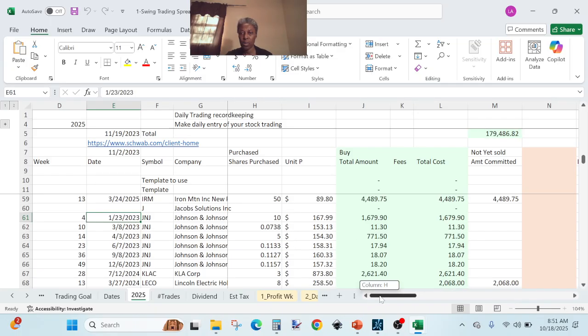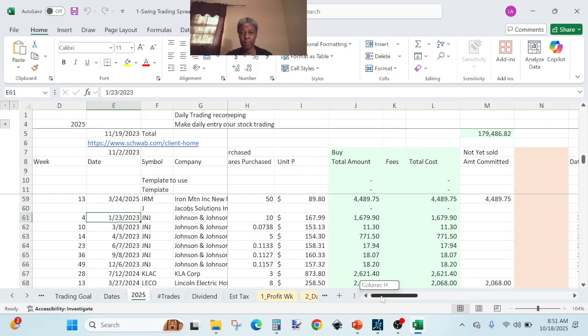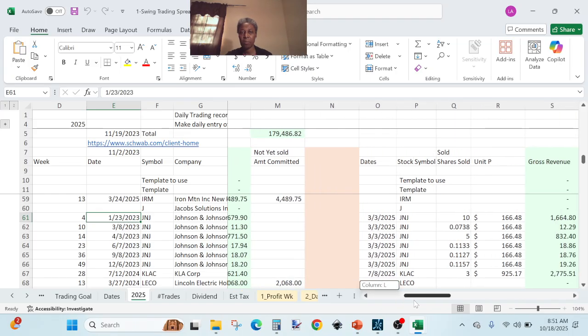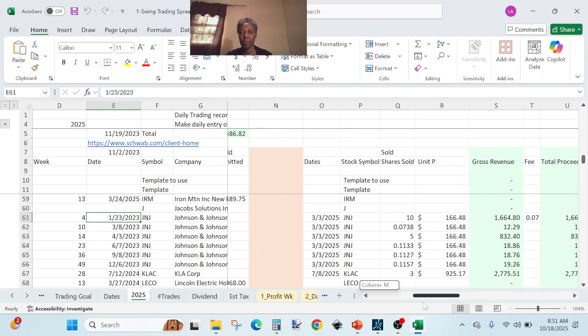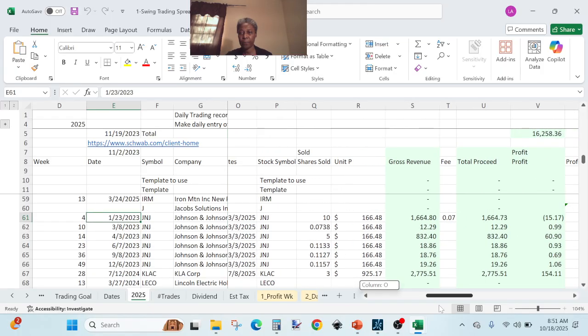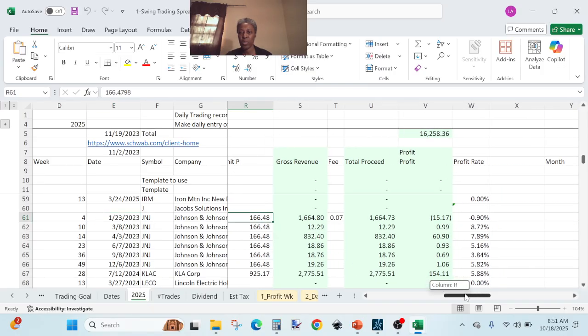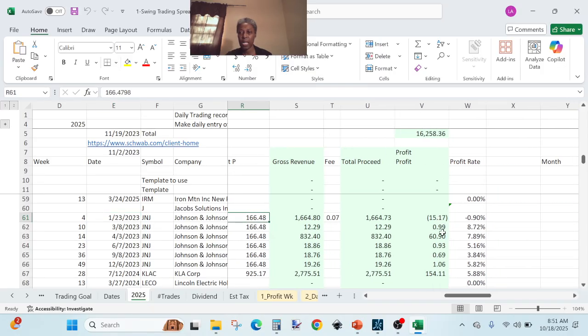But for the 167 that we paid for the first purchase, we sold it pretty much 2 years later for 166. So we have a loss on that one and some profits on the other. When we total those, it's a $49 profit.